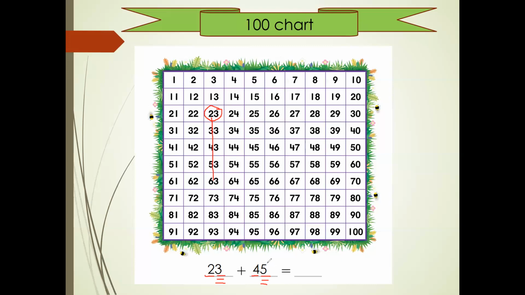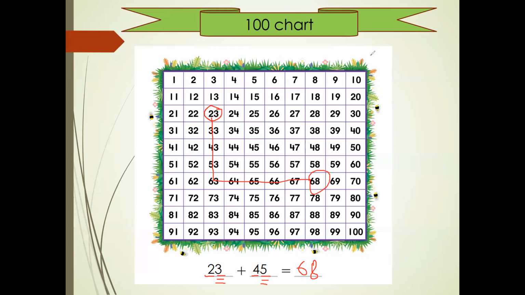Then again, I look how many ones do I need to add? 5. I go to the right, 5 ones: 1, 2, 3, 4, 5. I circle the answer. And the answer is 68. This is one variant.